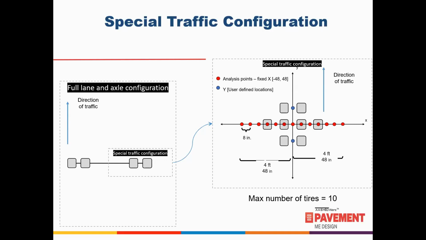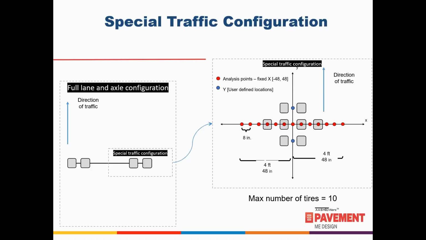The x-axis, sorry about that, I apologize. I had this wrong. You cannot input different x-axis locations, but there are actually analysis points along the x-axis, but they're fixed. And it's basically 13 different points. It's every 8 inches.